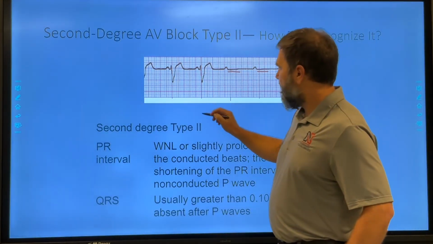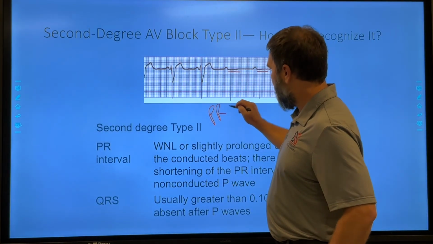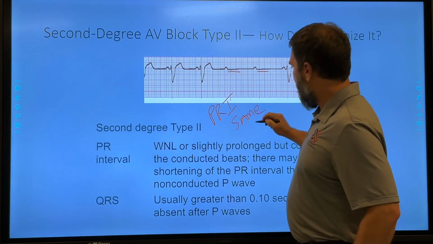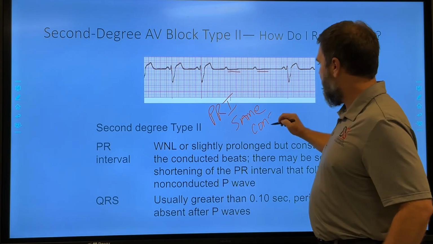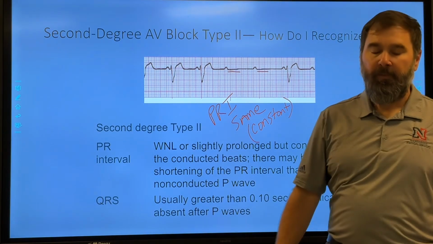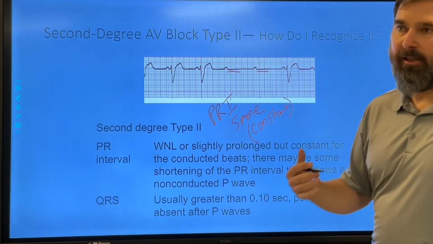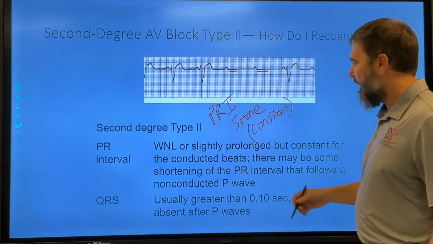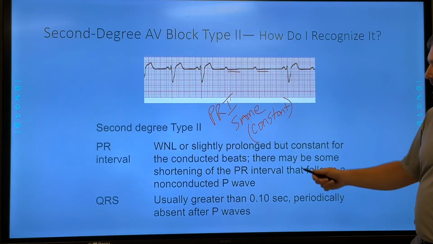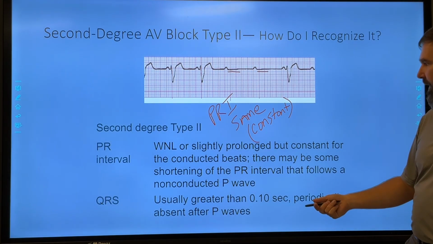But the PR interval is the same, or constant, when present. Again, you have to have a QRS complex for the PRI to be present. The QRS is usually greater than 0.10 seconds, periodically absent after the P waves.